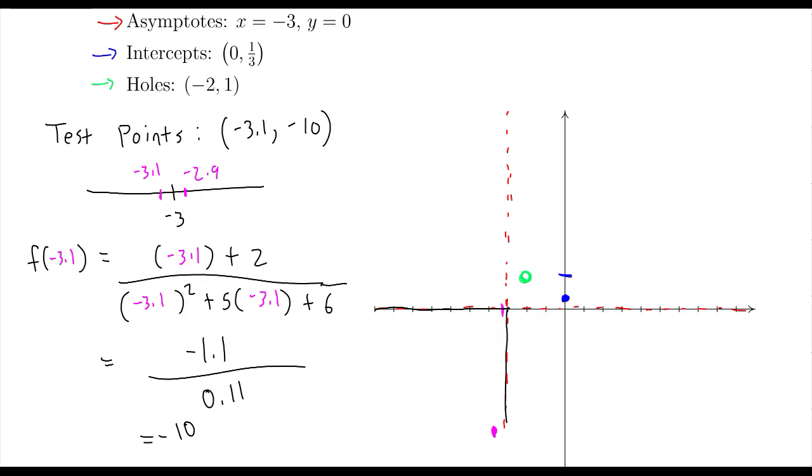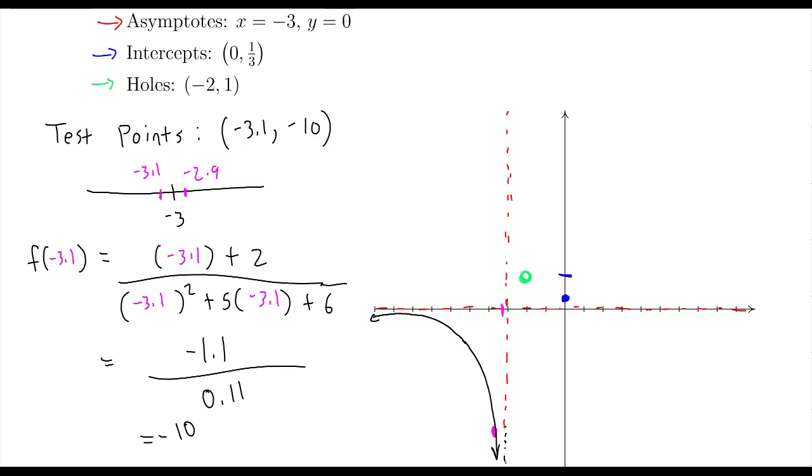I can't cross over those lines, essentially. And I need to go through this point. Well, that means I'm not going to be up here anywhere. I have to be down here. So the only shape that I really can have is something that sticks close to this line until it breaks away, and then goes through that point, all the while staying along this line. So that's going to be the left side of the vertical asymptote.